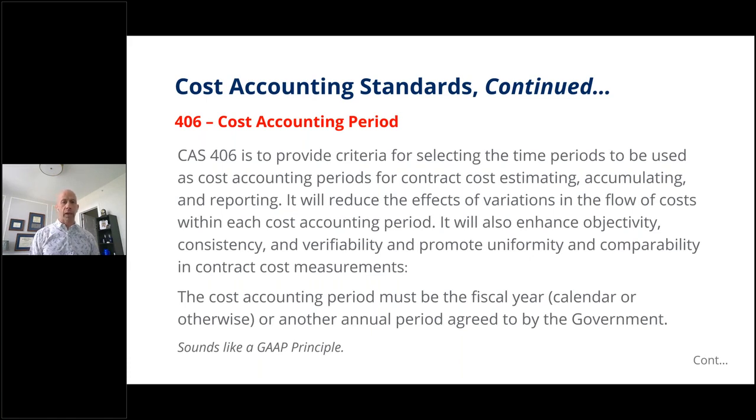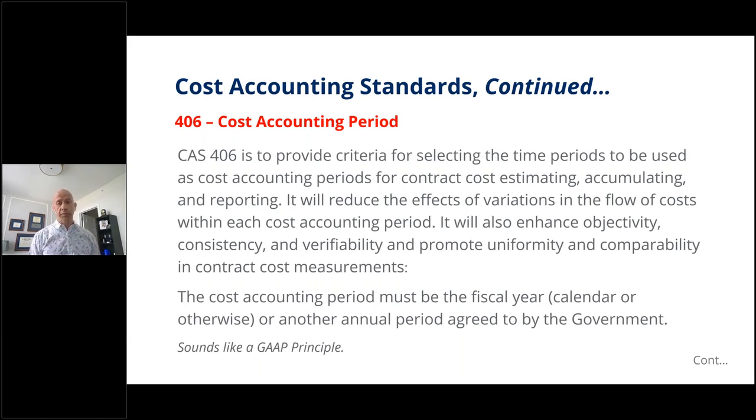The whole idea, same thing with GAAP, is to reduce the effects of variations in the flow of costs, enhance objectivity, consistency, and verifiability, and promote uniformity and comparability. It must either be the fiscal year, either calendar or otherwise.